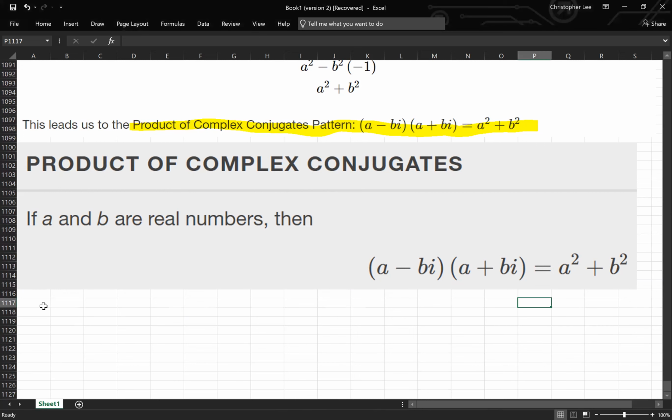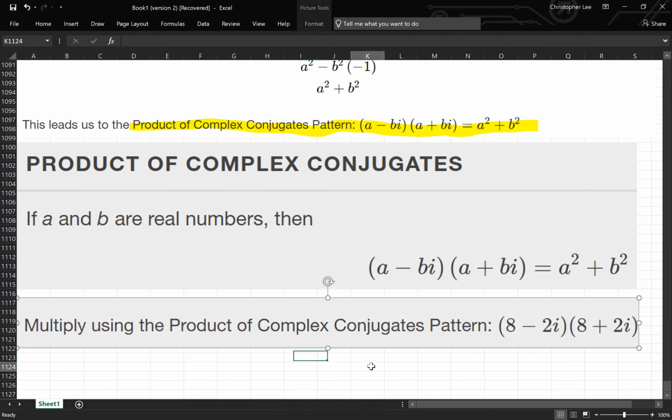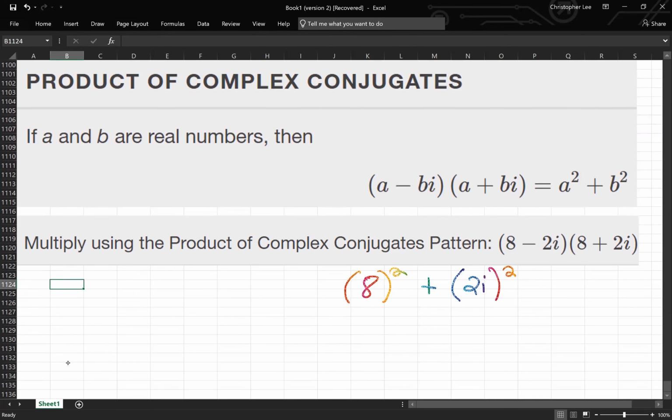All right, so now that y'all know the sauce, y'all got it down packed real quick. What's the answer for this? It's going to be 8 squared plus 2 squared.